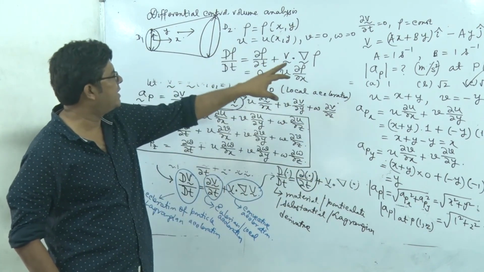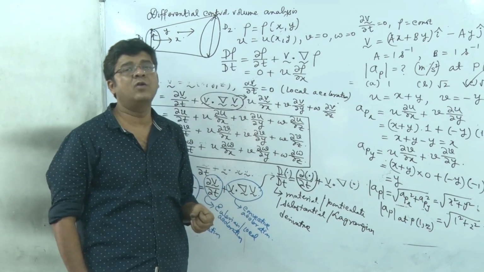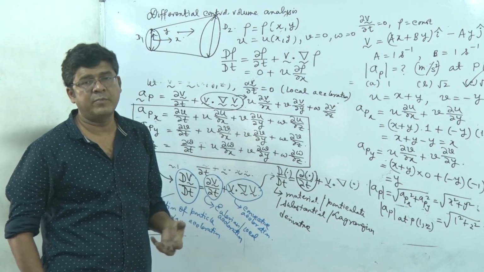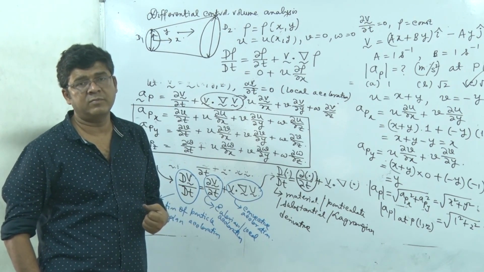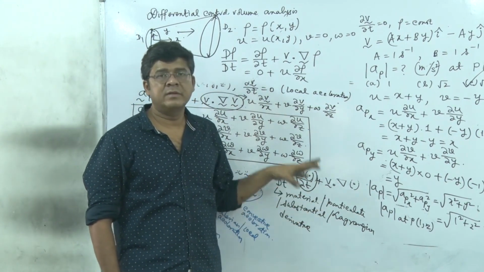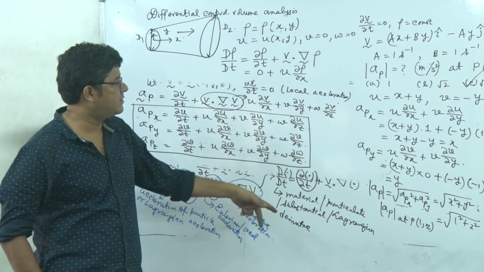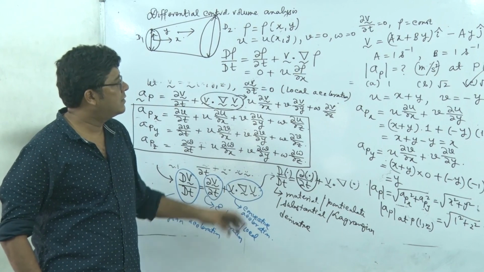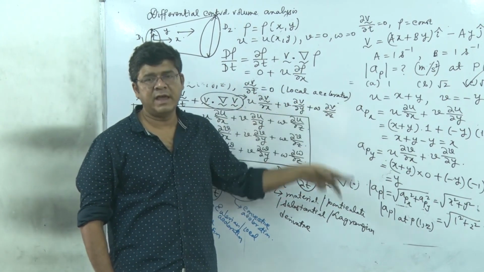So you have to break it down and take the non-zero components, and therefrom you can calculate how the density or the temperature or any other property of that particle is changing with time, right? So that's all about the acceleration. So in the next session we will discuss rotation, linear deformation and angular deformation.